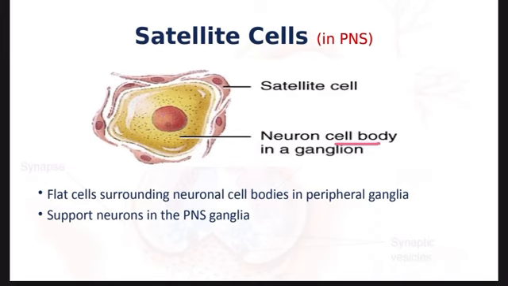Ganglia. So just be careful, it's ganglia, because it's not in the central nervous system. They are flat cells surrounding neuron cell bodies in the peripheral ganglia, supporting neurons in the PNS ganglia. So this is the satellite cell. You see it? These are the ones.